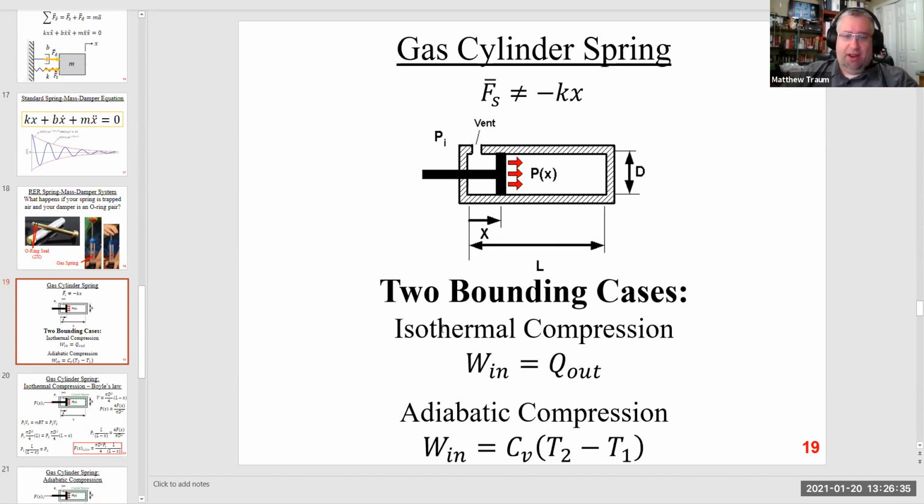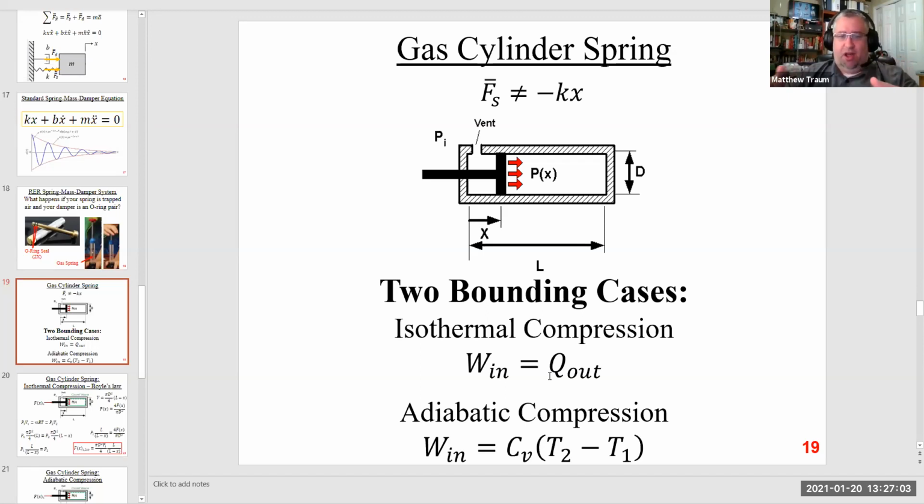One bound is an isothermal compression. Isothermal means constant temperature compression. For our purposes, this is not what you want to do, but let me talk you through it. Now we're talking about the compression process. When we release the piston, it's just an inverted compression.